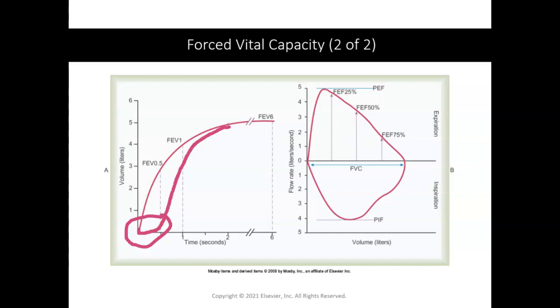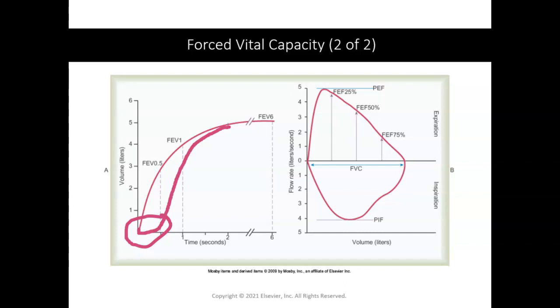On your forced vital capacity here, this is where you're measuring your flow rate over your volume. So it's your flow volume loop. And this peak area here is what my peak expiratory flow rate is.